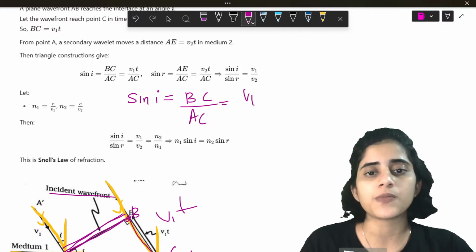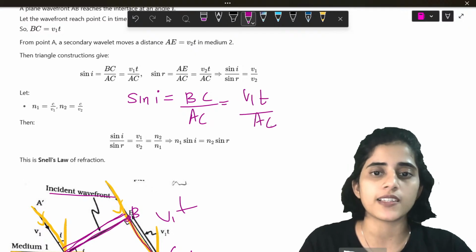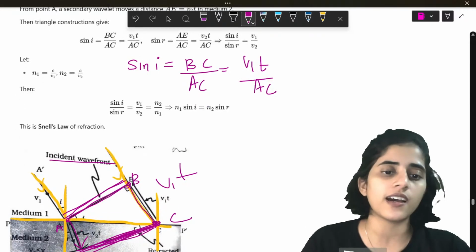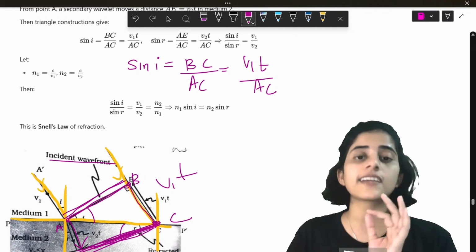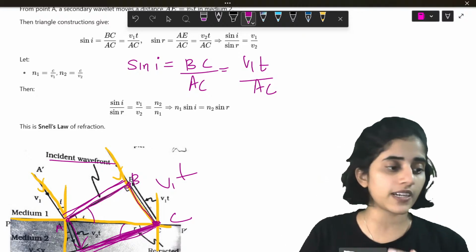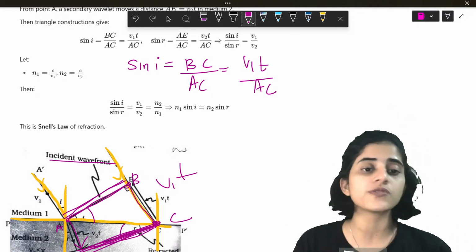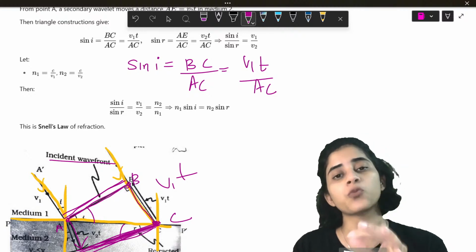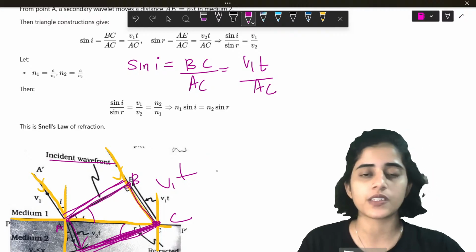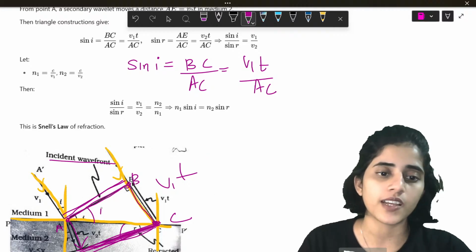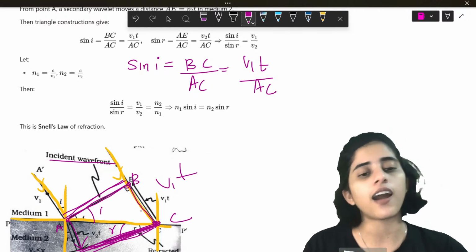What is BC? V1T by AC. Similarly, do sine R. This is sine I, this is sine R. Sine I and sine R are not angle of incidence and angle of refraction of the rays, but angle of incidence of wavefront and angle of refraction of wavefront. This is I, this is R.